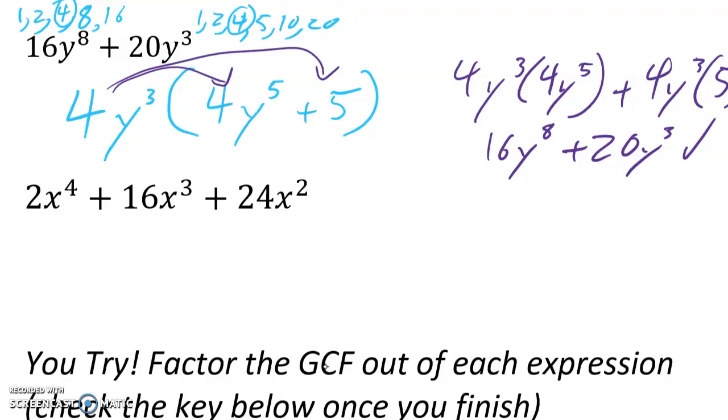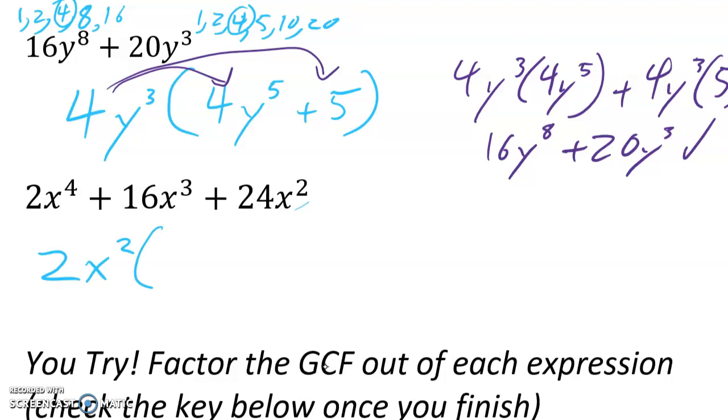So I'm going to call 2 the greatest common factor. I can't have a number bigger than any one of the numbers. And then if I look at the x variables, there's 4 factors, 3 factors, 2 factors. Oh, that's the smallest number of factors. So x squared, I can factor out at least an x squared out of all 3 of these.